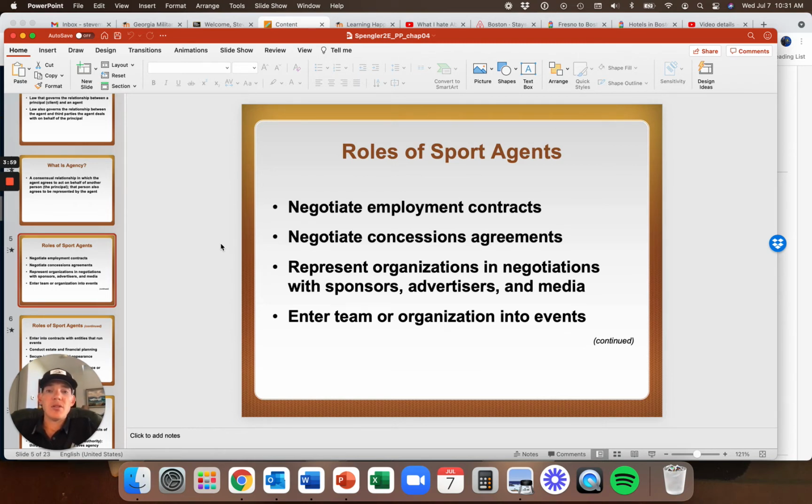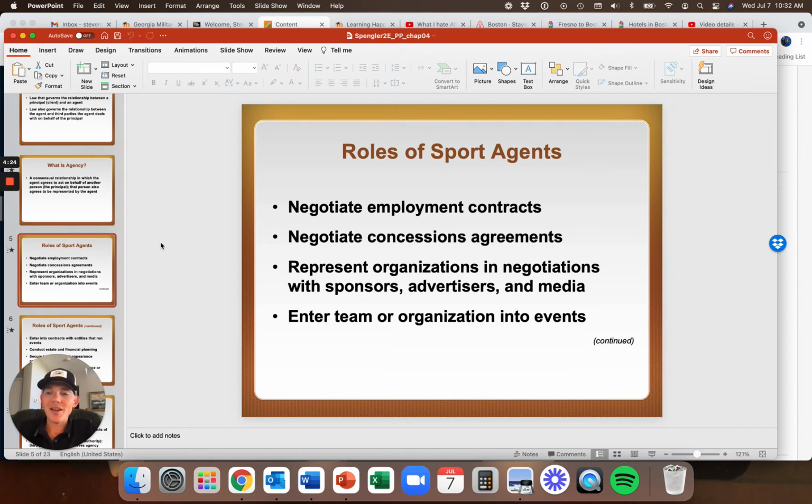So some things to look into: negotiating employment contracts, concessions agreements, organizations in negotiations with sponsors, advertisers, media, and team entry into events. So, if you're entering your team into a tournament, negotiating those types of contracts if necessary.